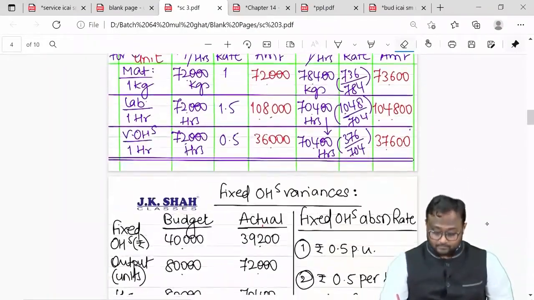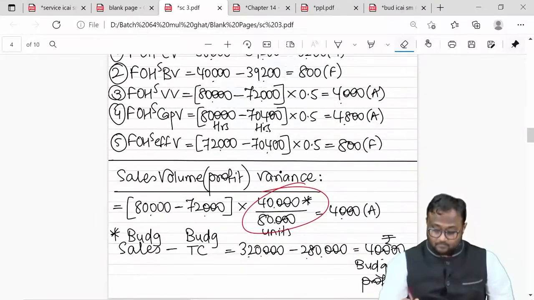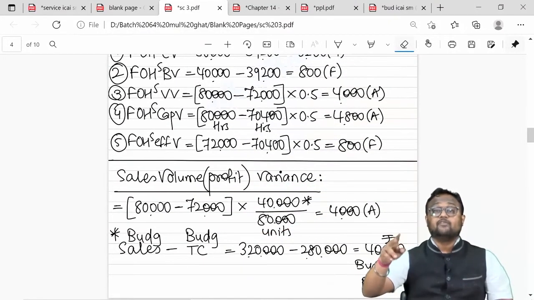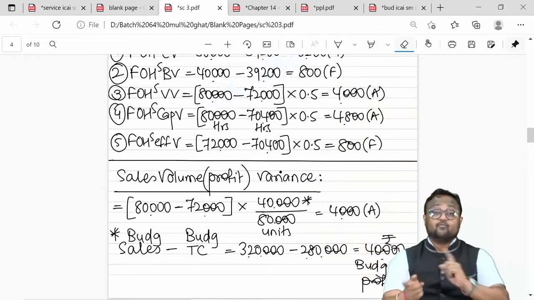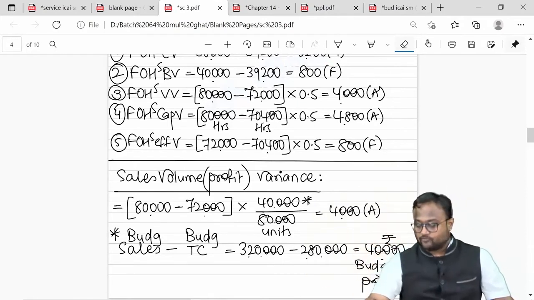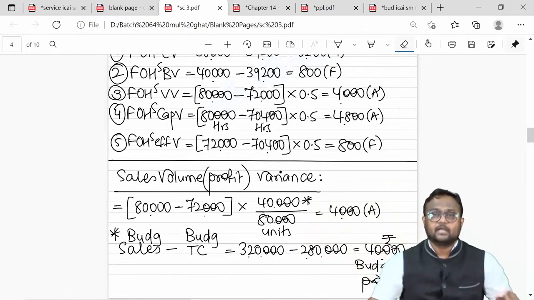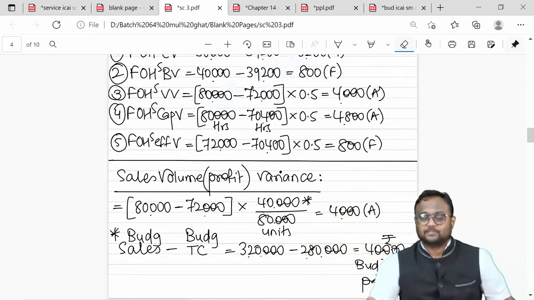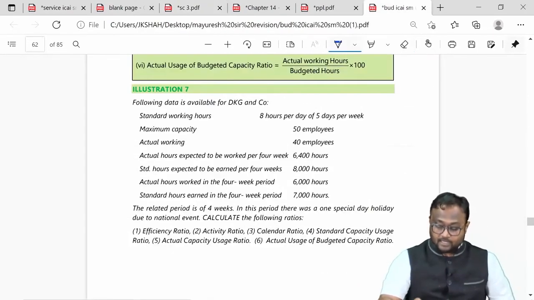So sales volume variance will analyze impact of quantity variation on sales, but sales volume profit variance will analyze impact of quantity variation on profit. So instead of multiplying by budgeted selling price, we'll have to multiply by budgeted profit per unit. That was an important part in that.